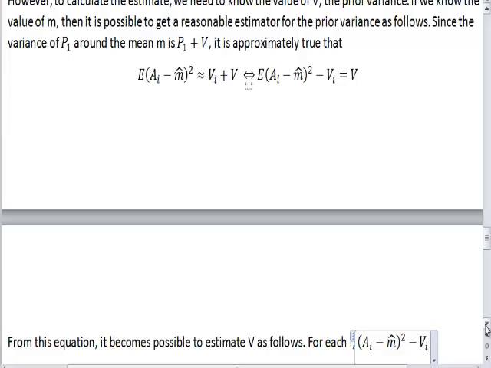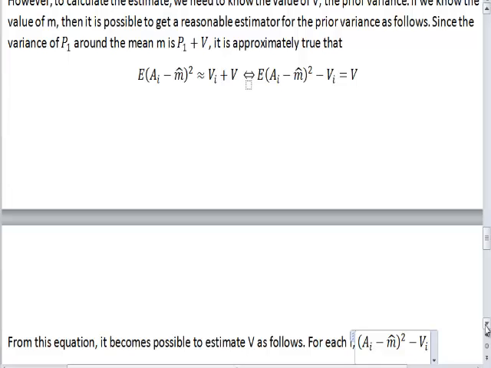So this is a deviation from the combined? Yes. AI deviates from theta I, which deviates from M. So there are two deviations in here. One of those is Vi and the other one is V. So now I look at the difference between AI and the common mean, and I know that this is the sum of two parts.